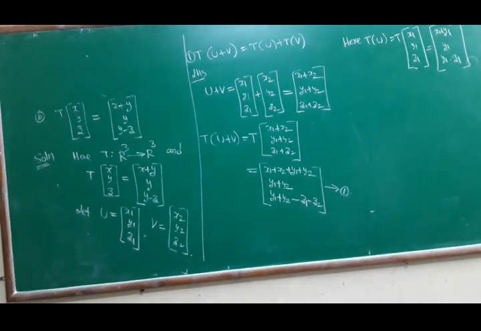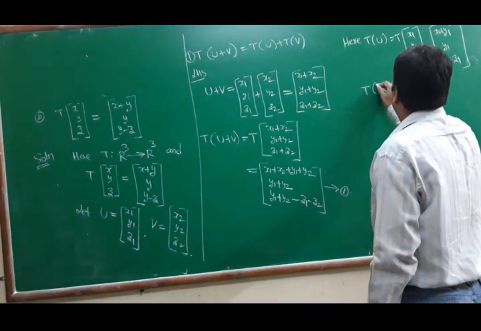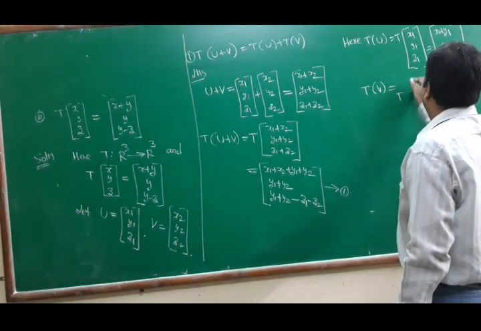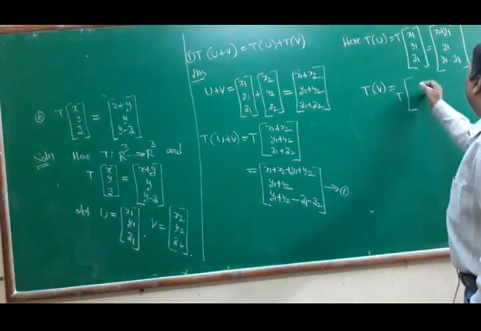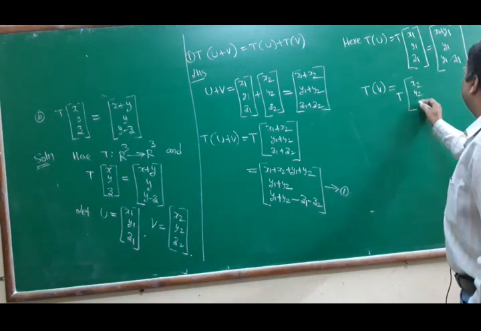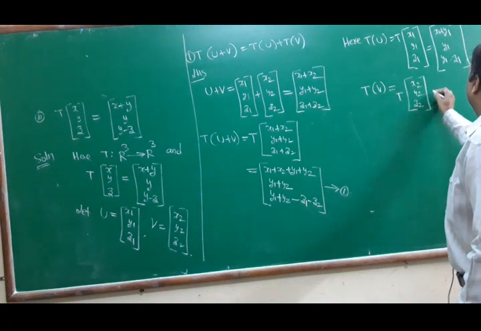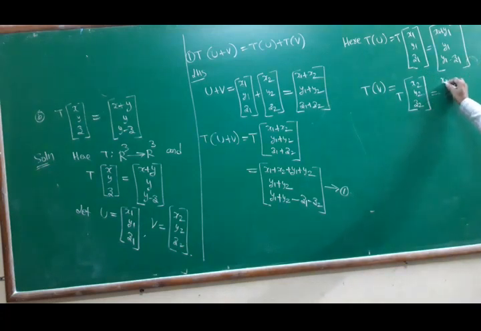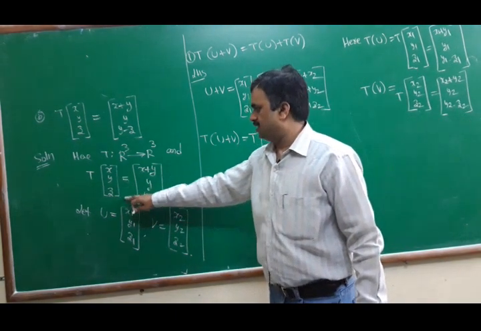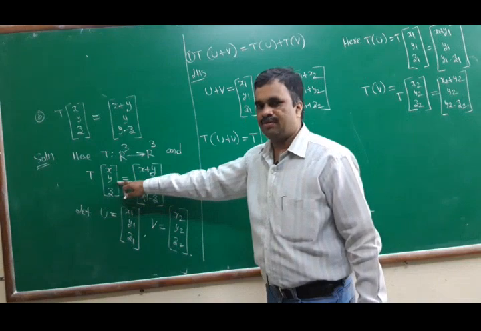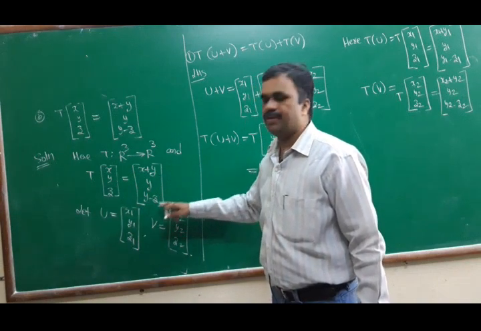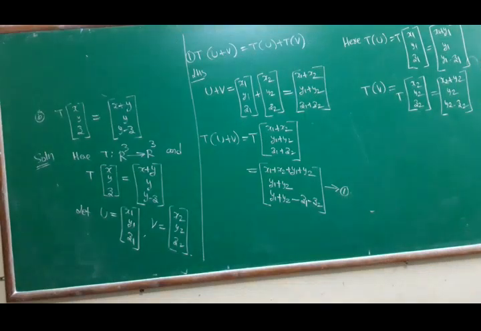Similarly, I can write T of v also. T of v equal to T of x2, y2, z2 equal to x2 plus y2, y2, y2 minus z2. Simply we have x, y, z to x plus y, first plus second, next the second coordinate as it is, and then y minus z. That same format I followed.